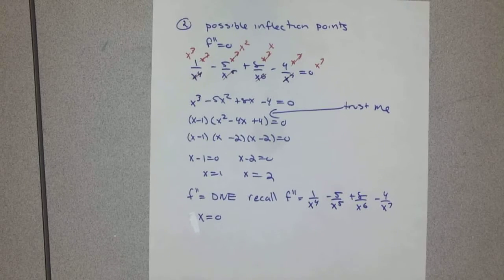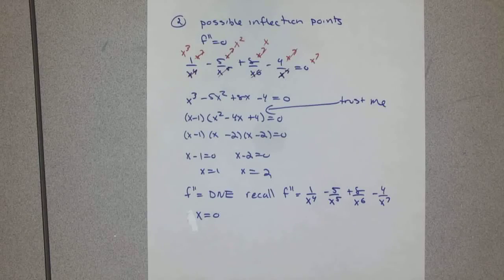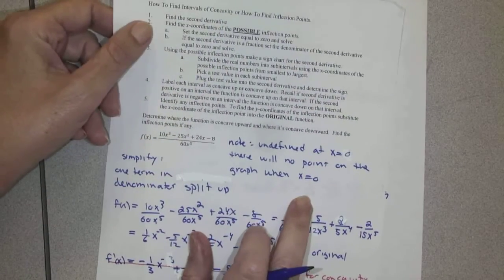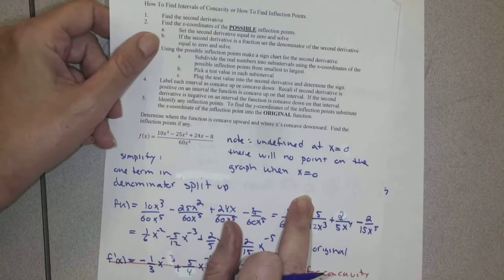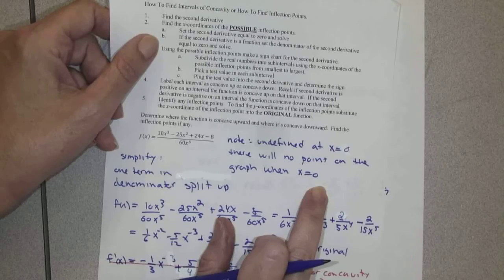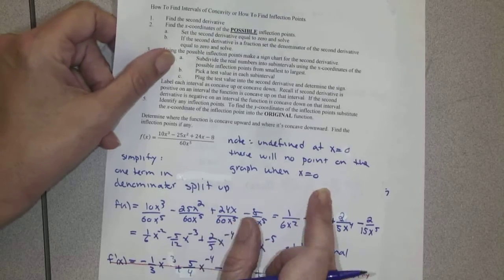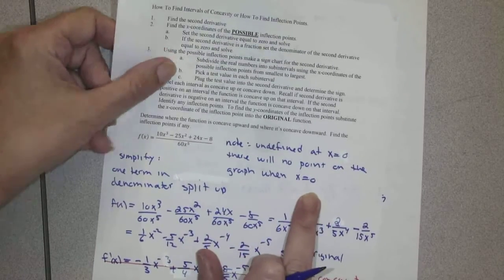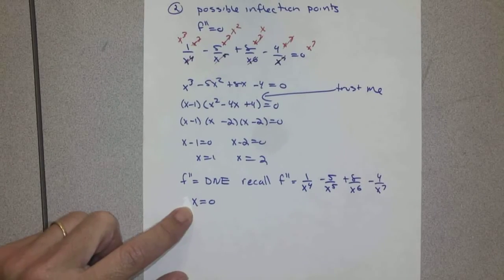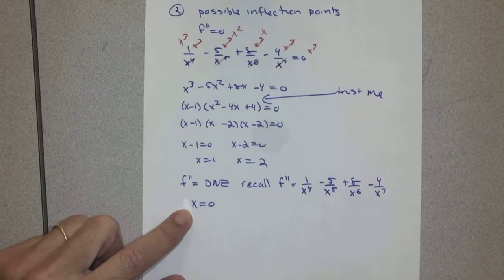Now for those of you that remember everything I say instantaneously, you might remember that I said up front that the original function was not defined at 0, and so there's no point on the graph at x equals 0. So if we remember that there's no point on the graph at x equals 0, this cannot be an inflection point. An inflection point is a point on the graph.